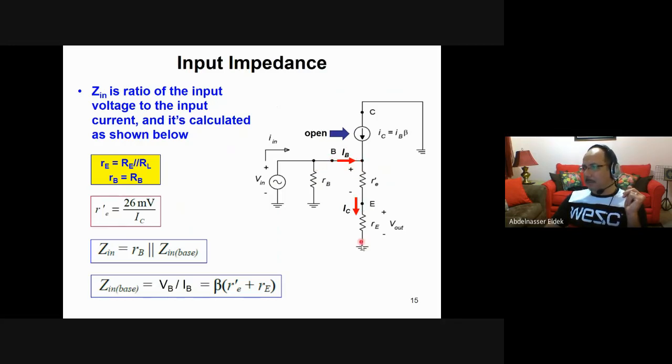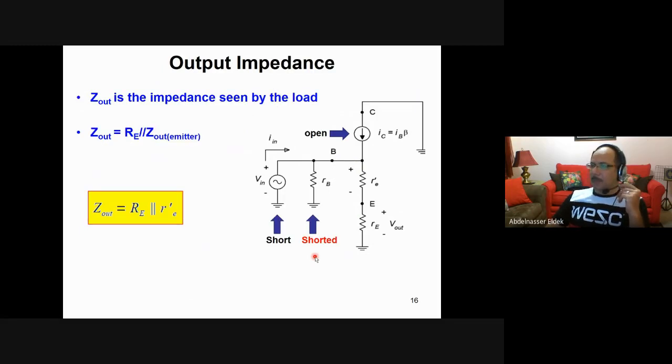Vb is IE times these two resistors. And what's IB? IB is IE over beta. So now when you divide them, this will be the answer: Zin base equals beta times re prime plus re.